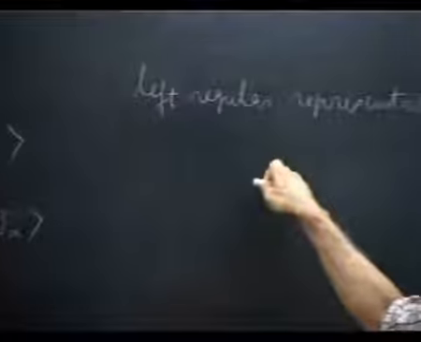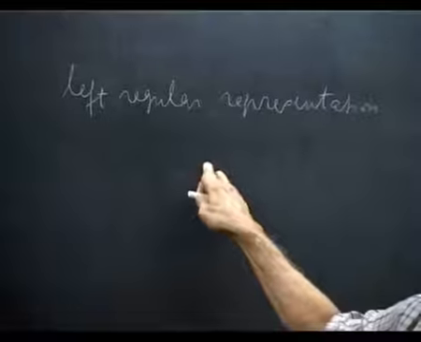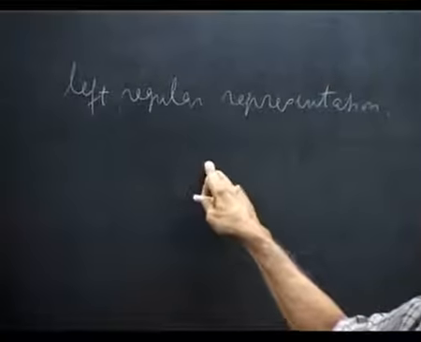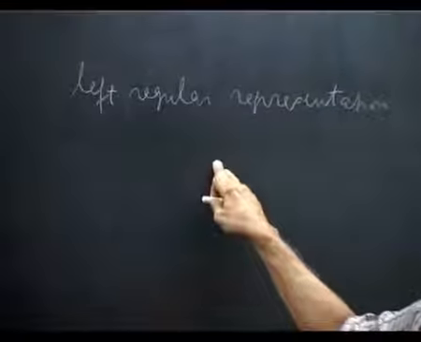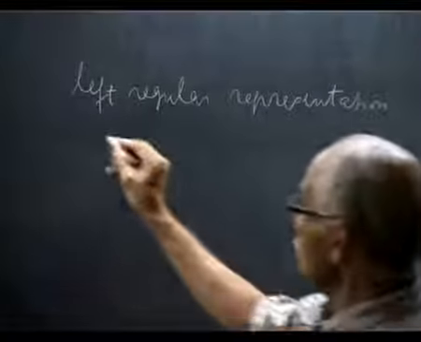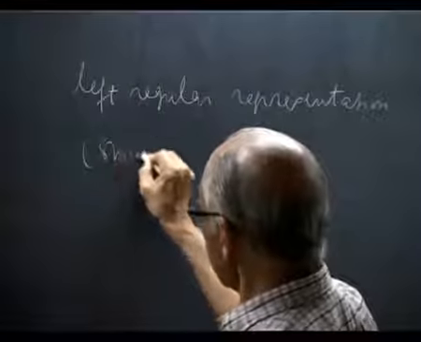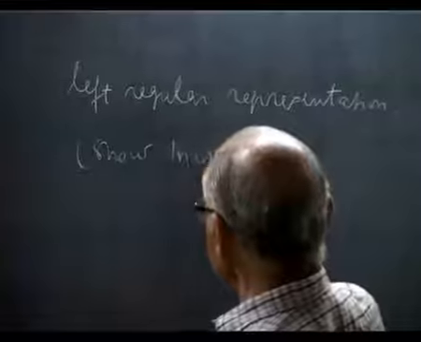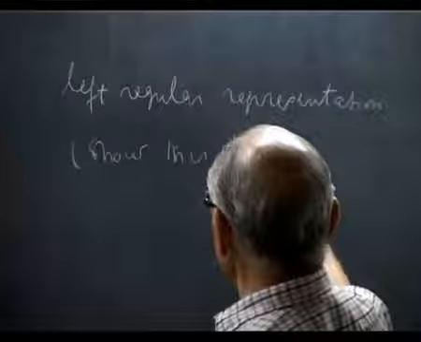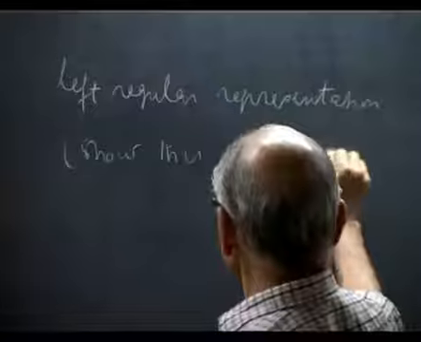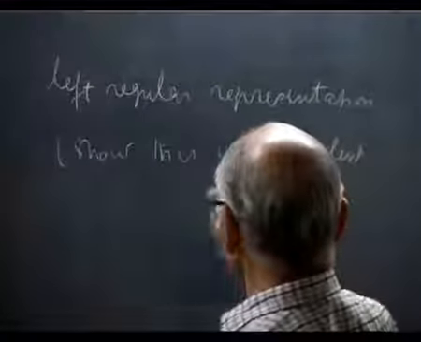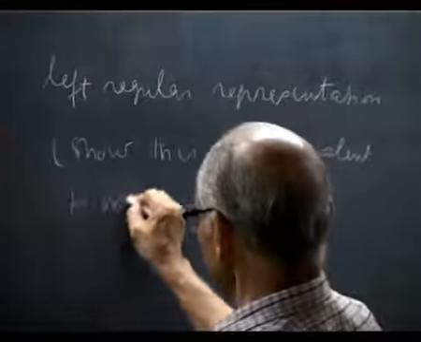I had given it previously in terms of functions on a group. Here I am giving it in a slightly different language. Show this is equivalent to the one on functions.